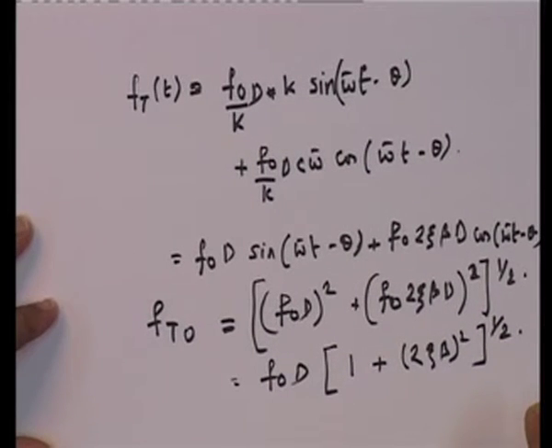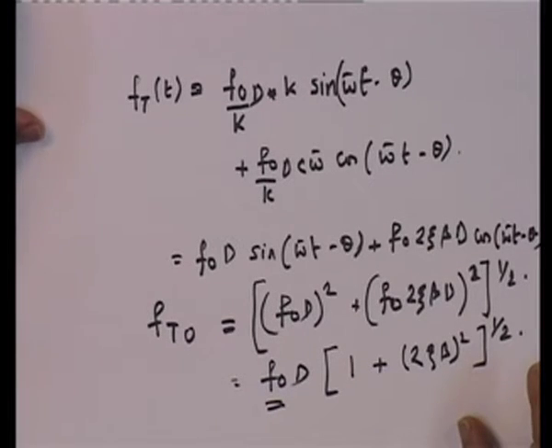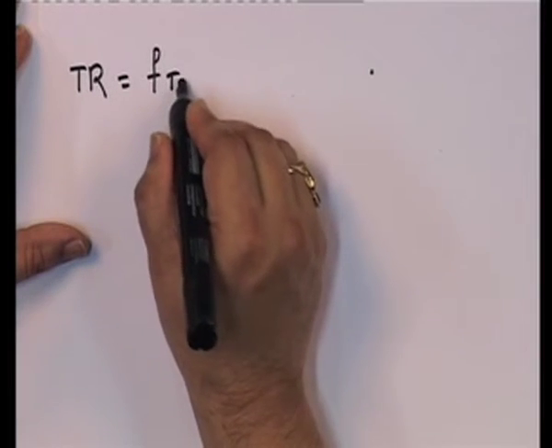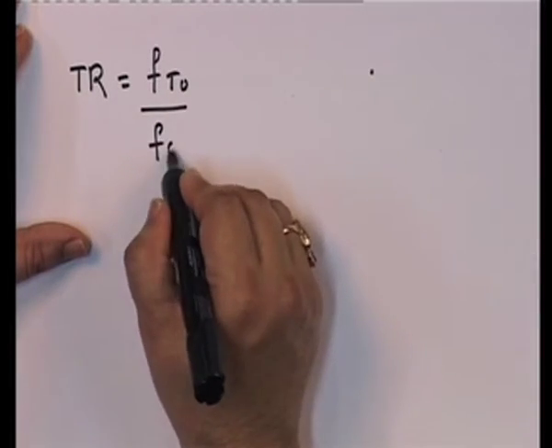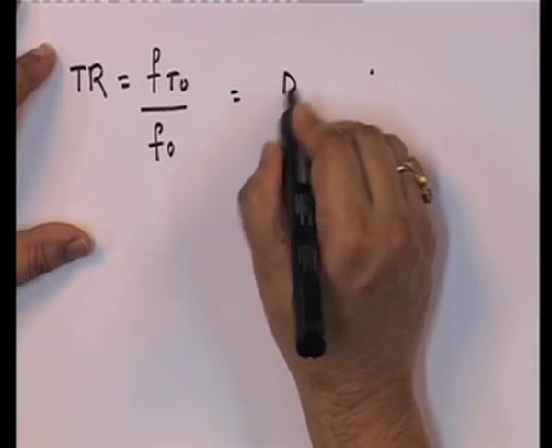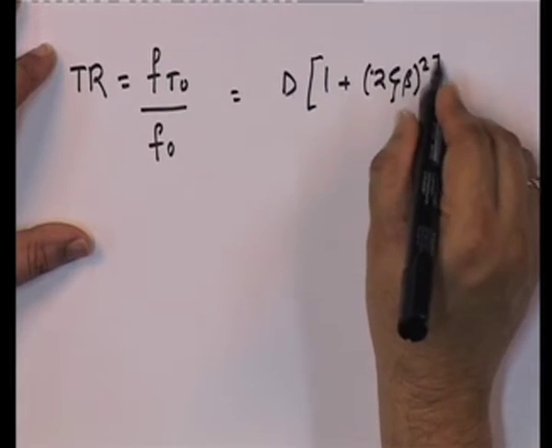So this is the amplitude of the force transmitted to the floor, and this is the amplitude of the applied force. If I define a term called the transmissibility ratio, it is defined as f t 0 upon f 0, which is equal to d into the square root of 1 plus 2 xi beta the whole squared.